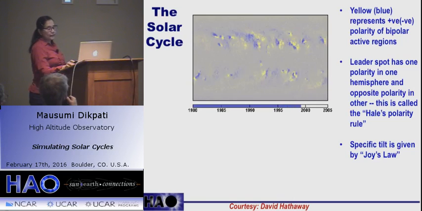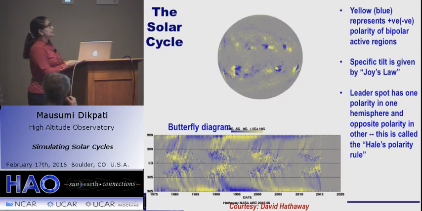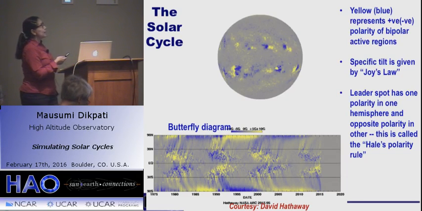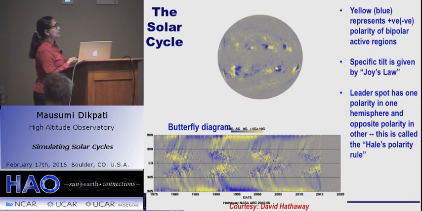When this is plotted in a time-latitude diagram, the pattern looks like butterflies, so this is called the butterfly diagram. This part represents the evolution of active regions, whereas this poleward branch represents the poleward drift of the large-scale diffuse fields and polar reversal every 11 years.